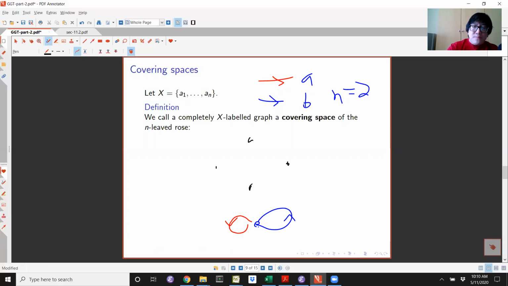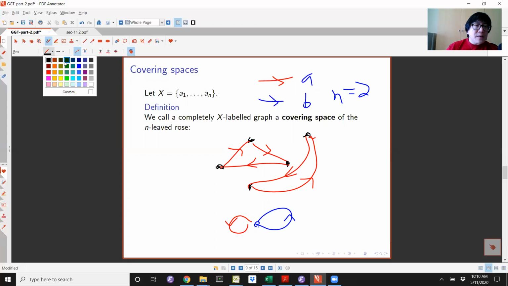What I want to do will illustrate the point of what's going on here. In order to make a covering space, I have to have a completely labeled graph. One way of doing this is equivalent to choosing a set of permutations that defines a transitive permutation group on a set of vertices.